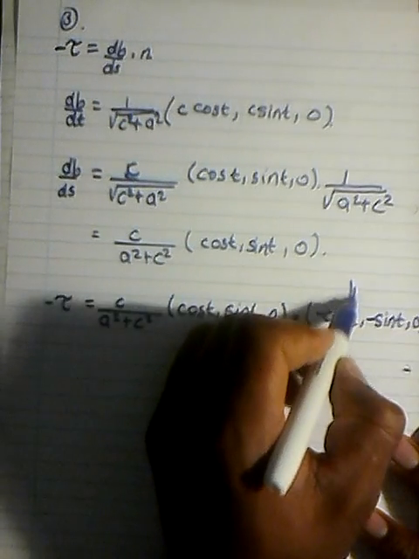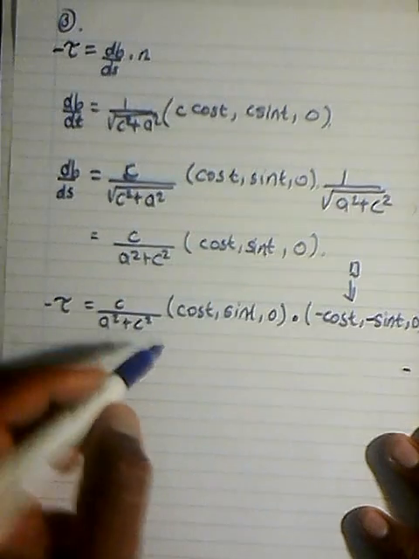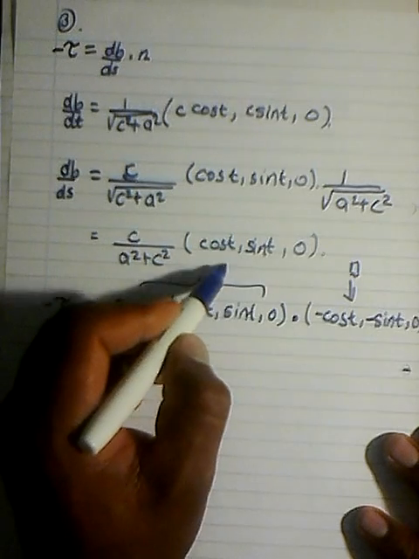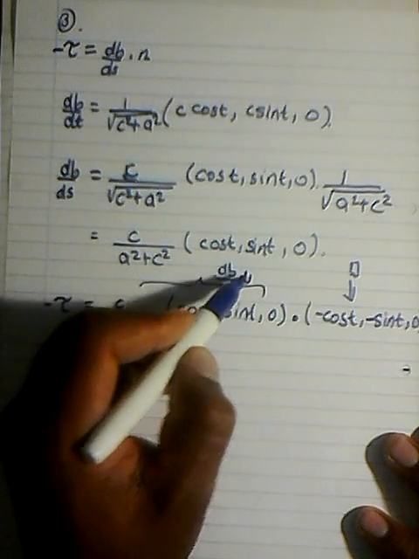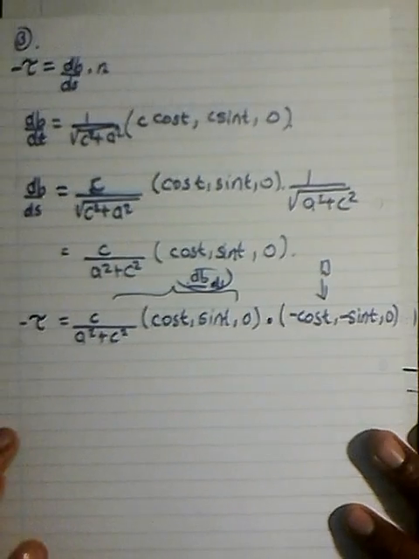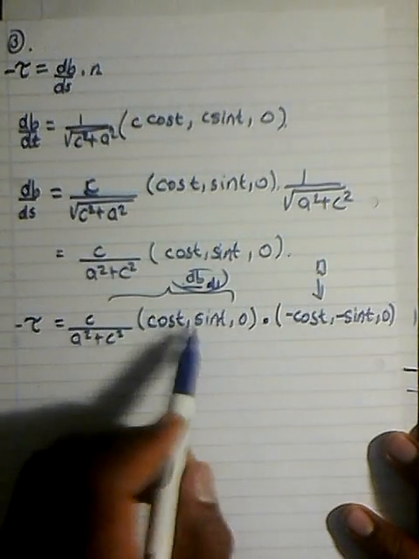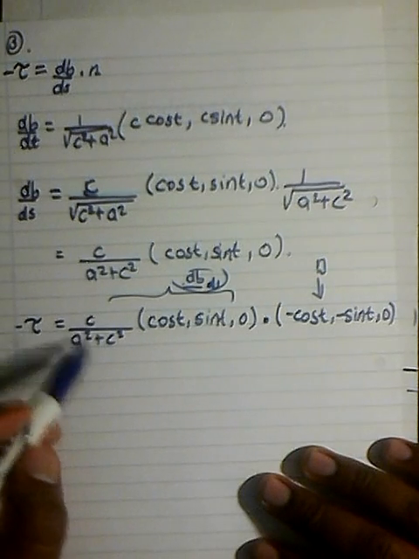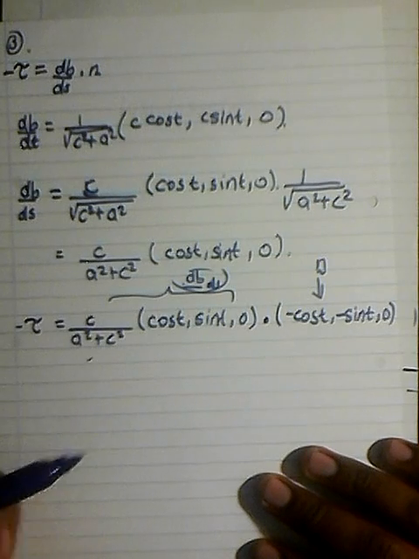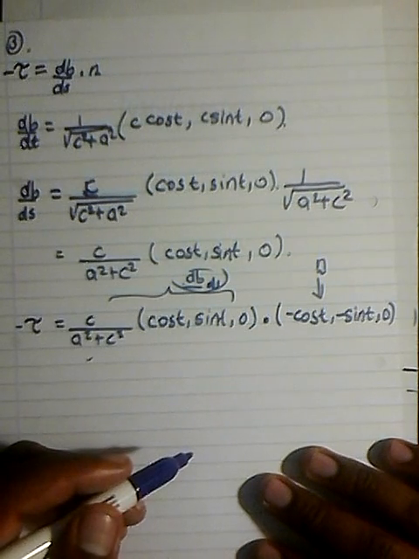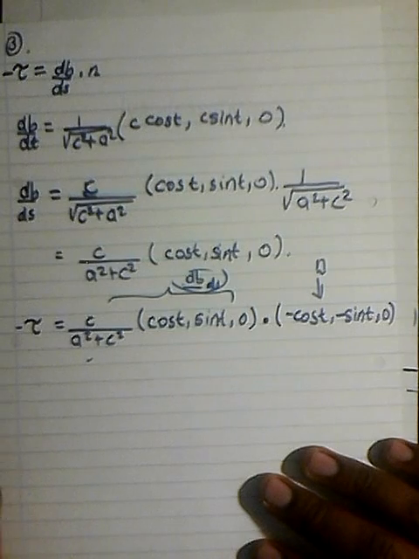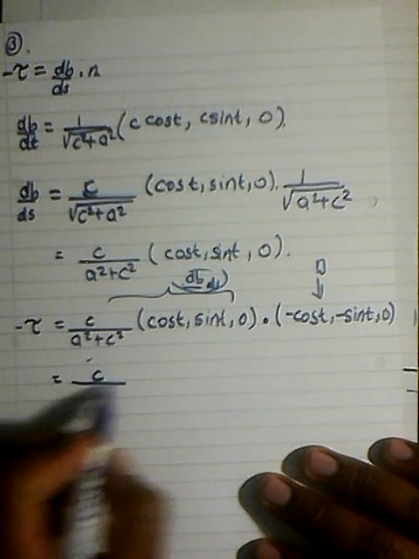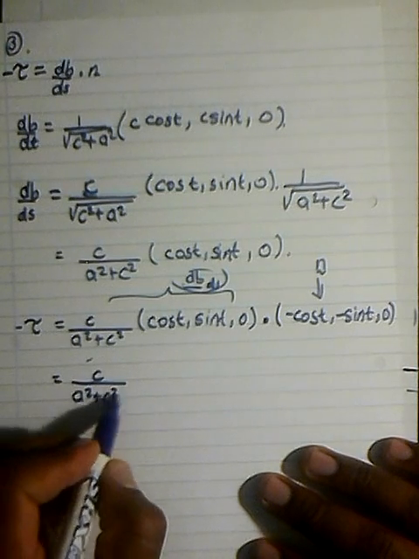So this is vector n, and everything here is dB ds. Remember that with the dot product what we get is a scalar.